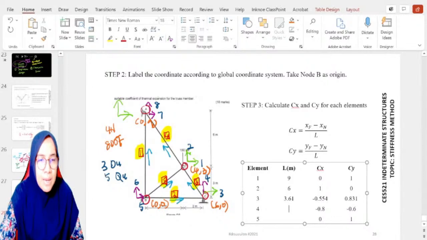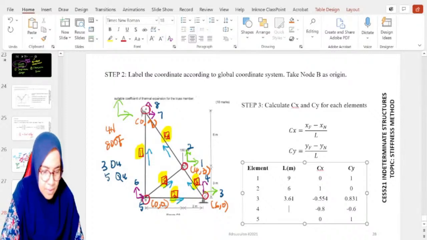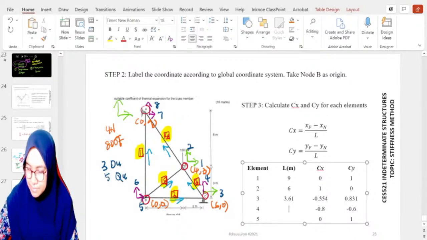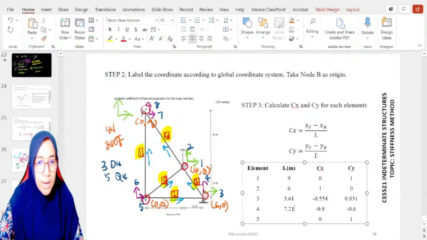For element number 4, it is 6 and 4, so the square root of 4 squared plus 6 squared. It is 7.21.